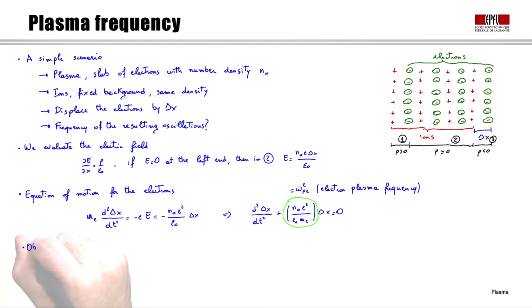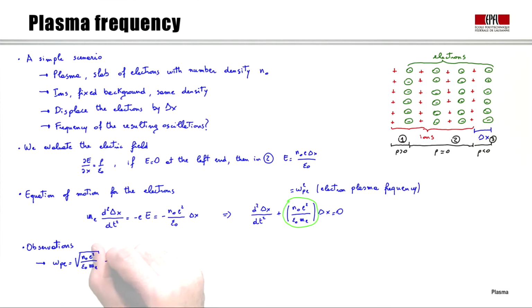So, a couple of observations. The plasma frequency, as we have just introduced here, is the square root of n0 e squared over epsilon 0 me, and can be written, by dividing and multiplying by the electron thermal velocity, as the product of these two functions.